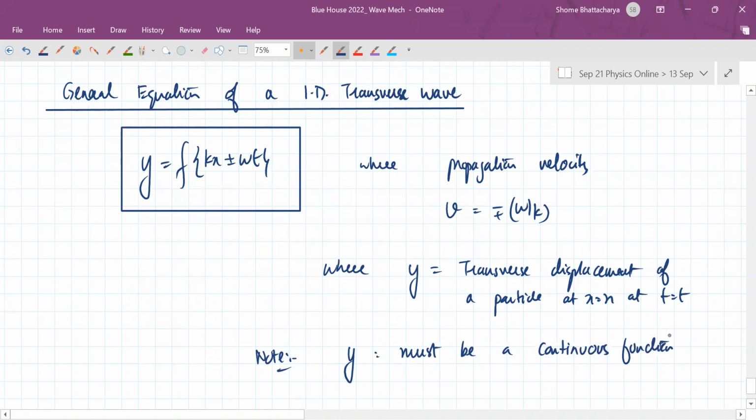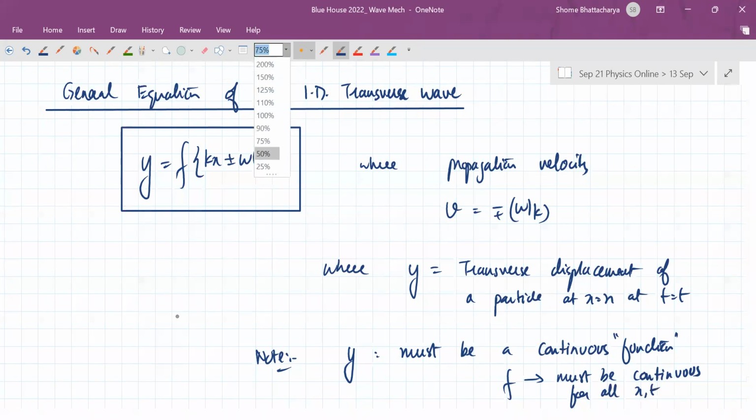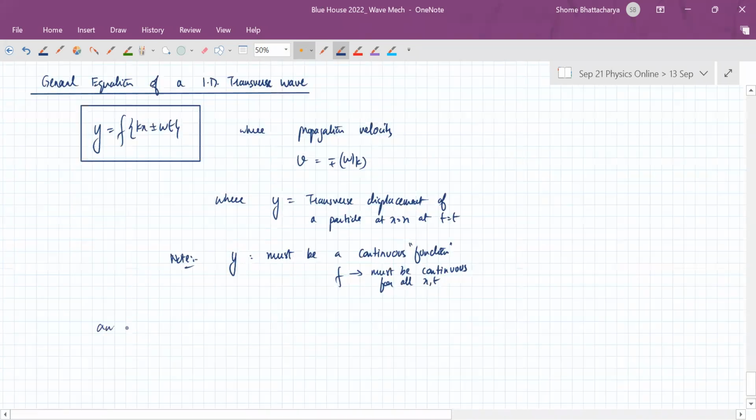So this function f must be continuous for all x and t. And secondly, particle velocity, del y by del t, will become the partial differentiation of this function.